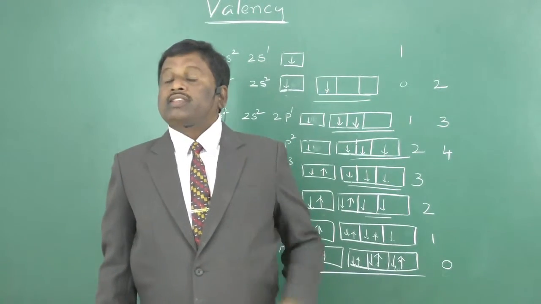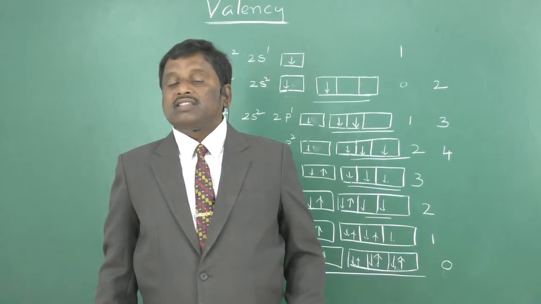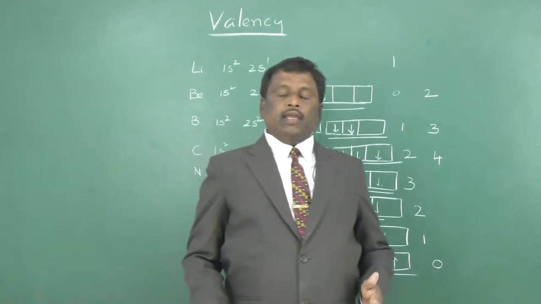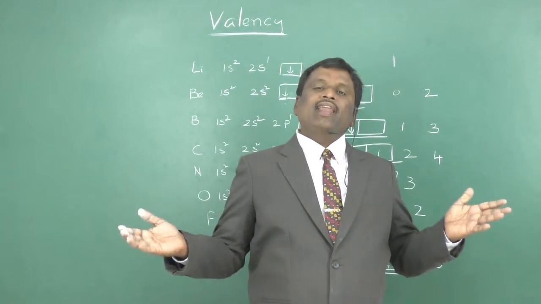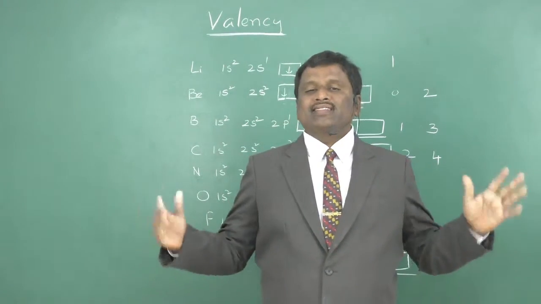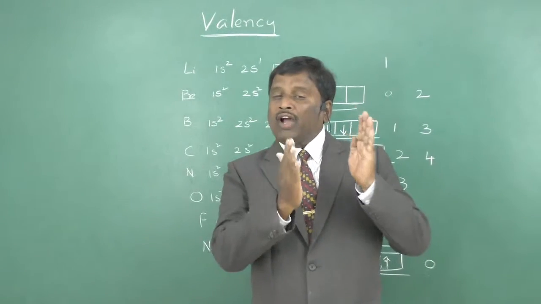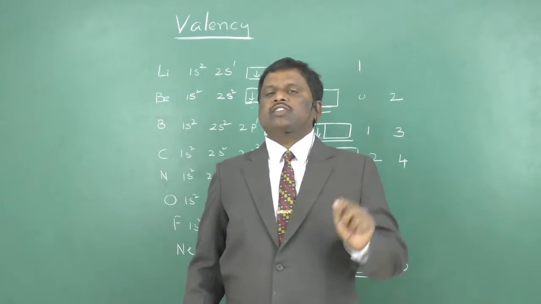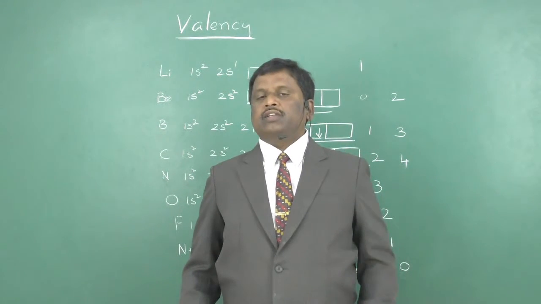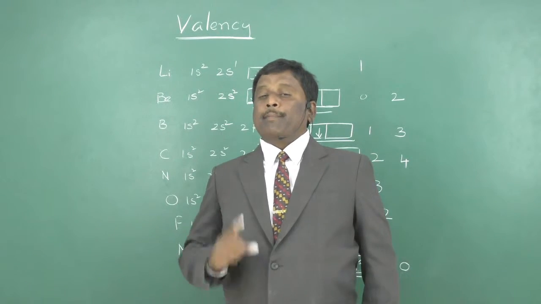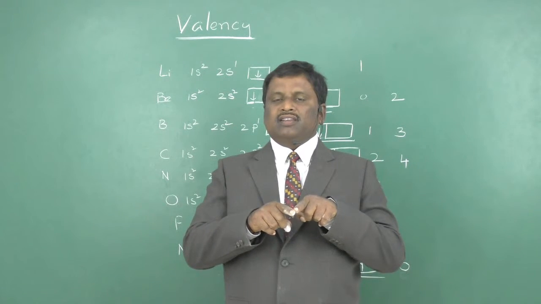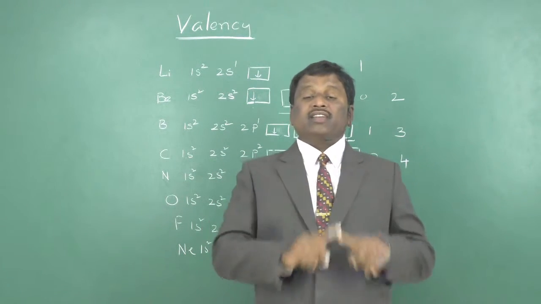In general, we can say elements may exhibit different valencies, which we call variability in valency. The minimum valency of an element is equal to the number of unpaired electrons in its ground state electronic configuration. The maximum valency will be the total number of electrons present in the valency shell of an atom.